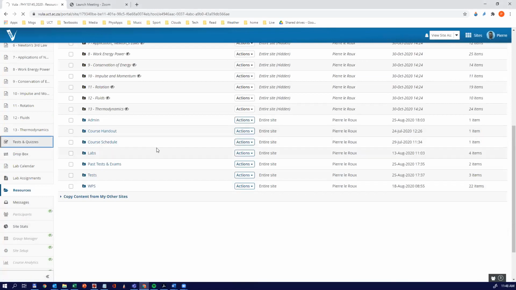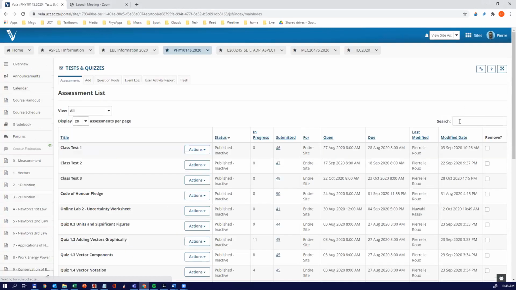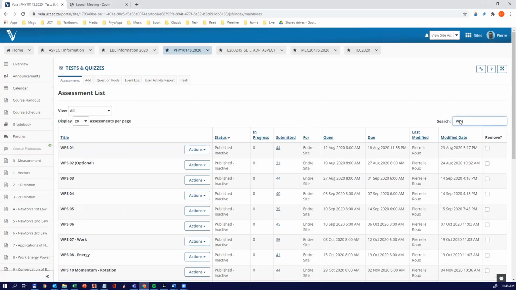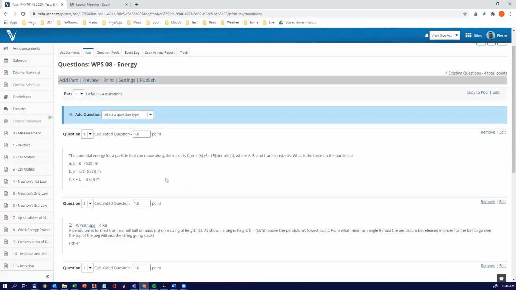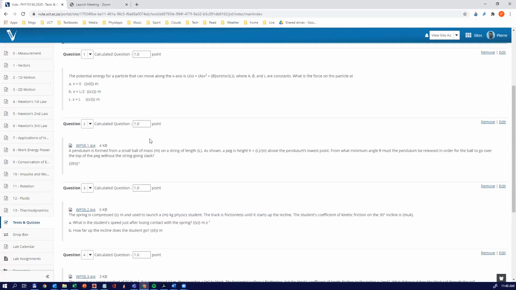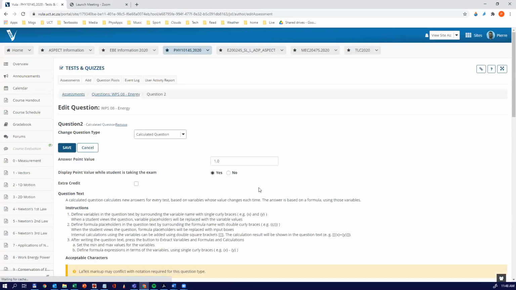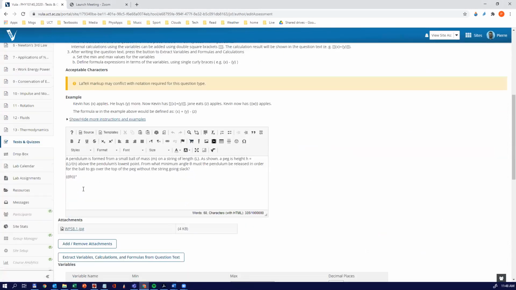The other way is LaTeX directly in Vula, which needs to be enabled. I've added a link to that, but then you have to write in LaTeX notation, so you have to be very familiar with how that is formulated. Those are just my two comments.